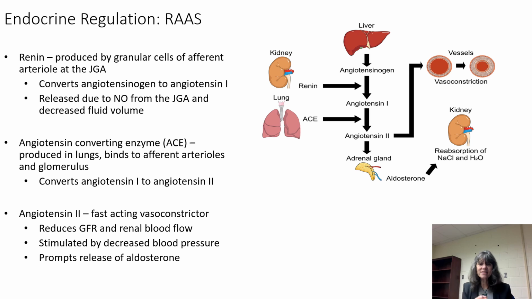Angiotensin 2 is a very fast-acting vasoconstrictor, which helps to reduce glomerular filtration rate as well as reducing renal blood flow. And again, this whole thing is stimulated by a decrease in blood pressure, and it prompts the release of aldosterone, which causes the collecting ducts to reabsorb sodium, which water will follow when sodium is reabsorbed.